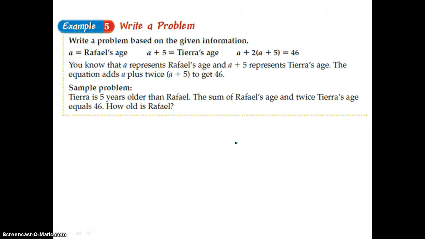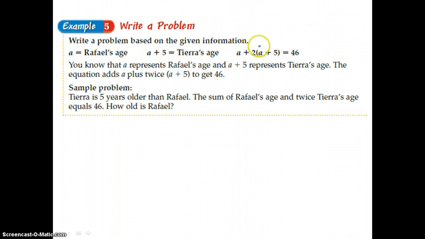All right, so how about writing a problem based on the information given? So if we're going to represent Raphael's age as A, and Tierra's age is 5 more than Raphael's, then we come up with the equation A plus 2 times the quantity of A plus 5 equals 46.